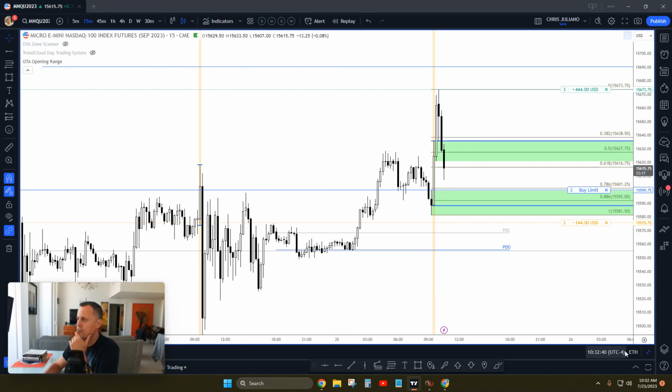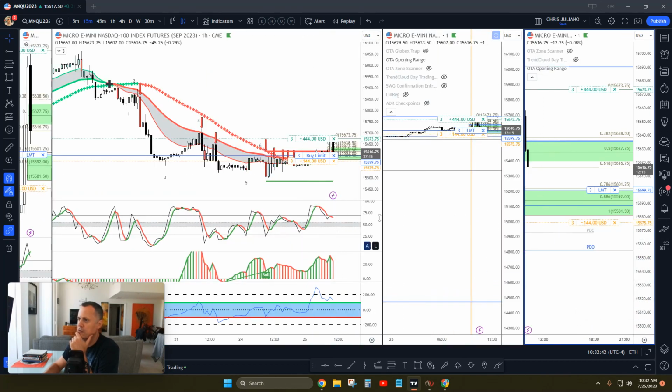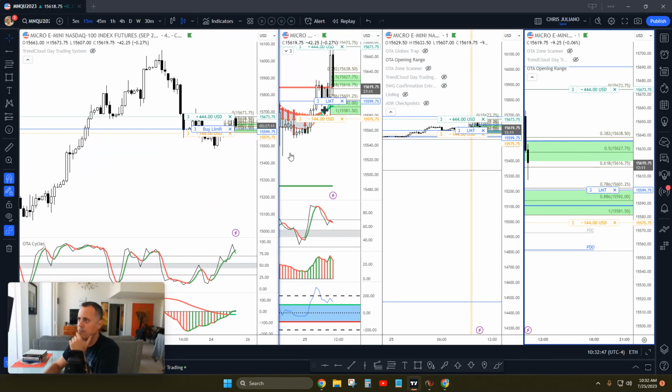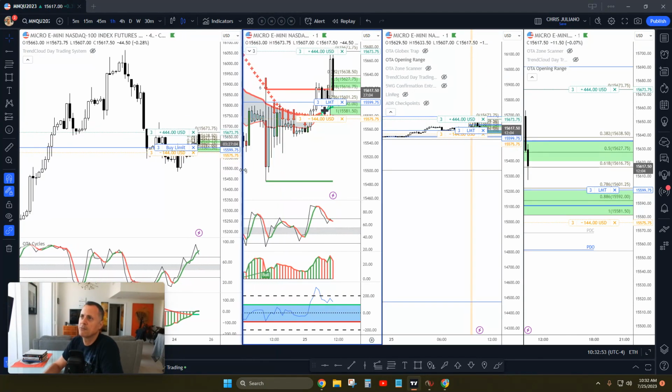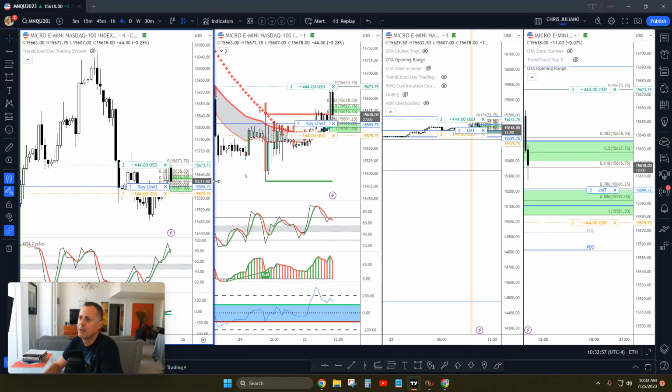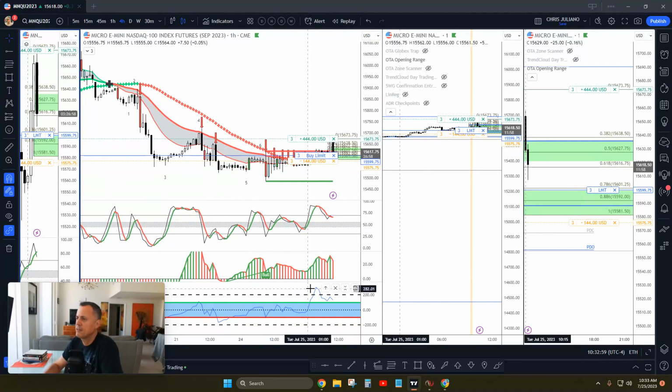Now, the other thing I wanted to show you here, take a look at your CCI indicator on your trending time frame. Okay, this is the 1 hour chart. That's what I use for my trending time frame. This is the 4 hour chart. That's the highest time frame. Now look at the CCI indicator here.